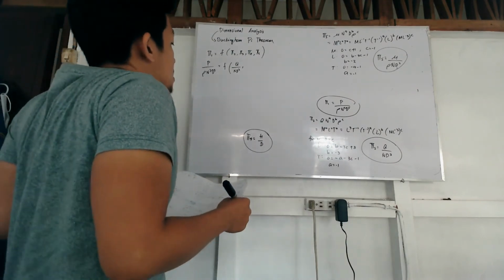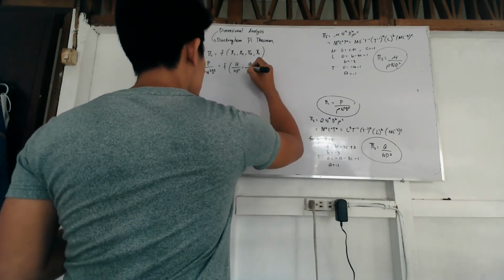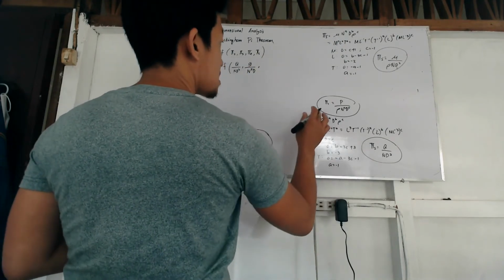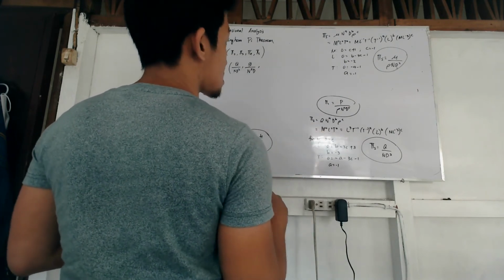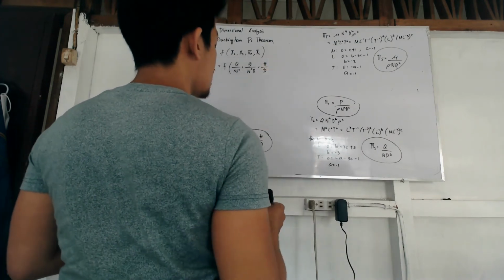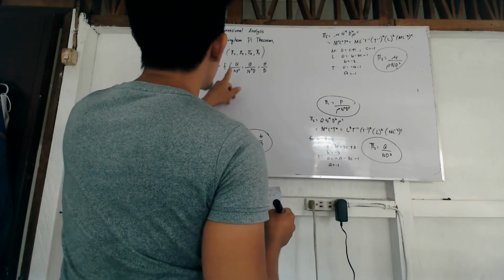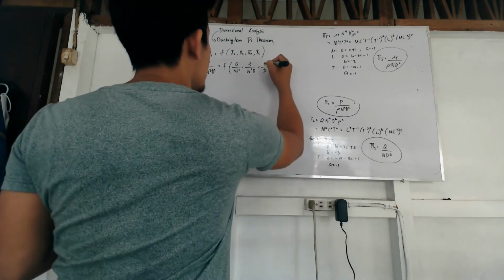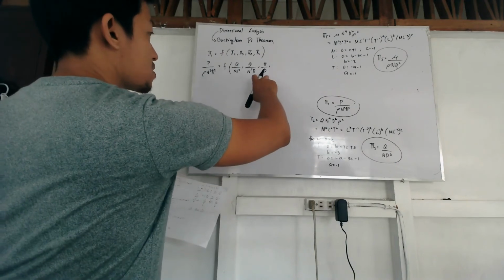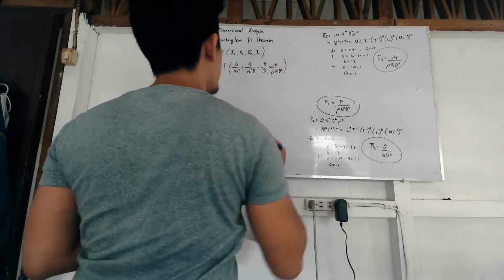Pi 3 is G over N squared D. Pi 4 is H over D. And then pi 5, mu over rho N D square. Okay?